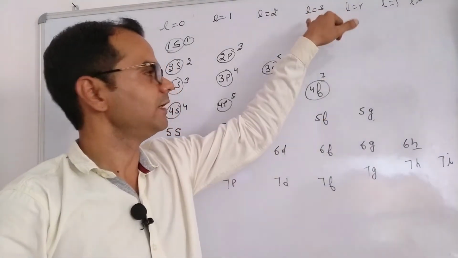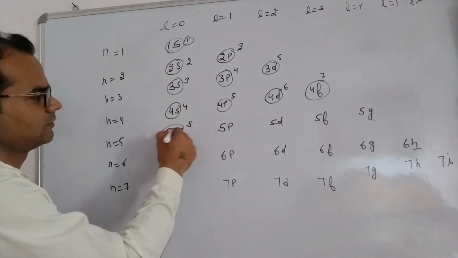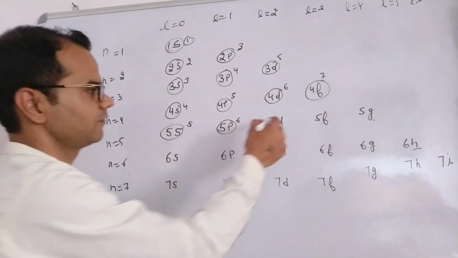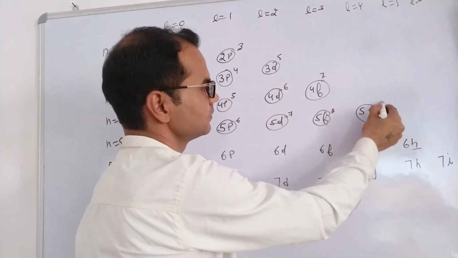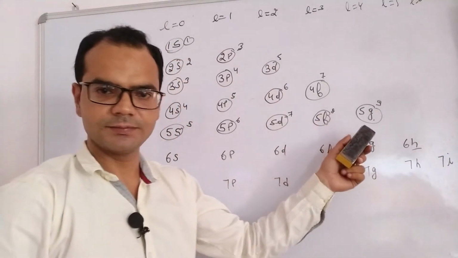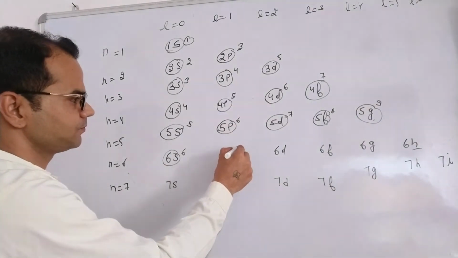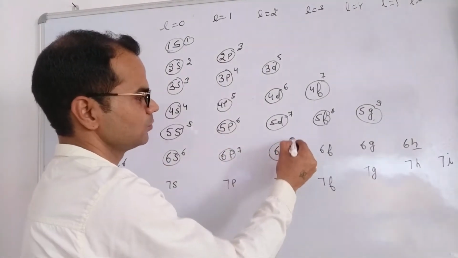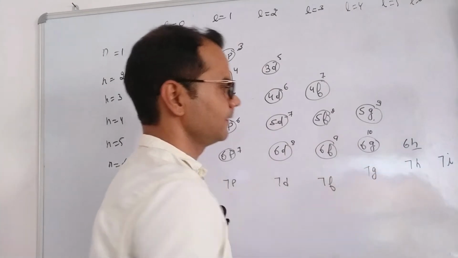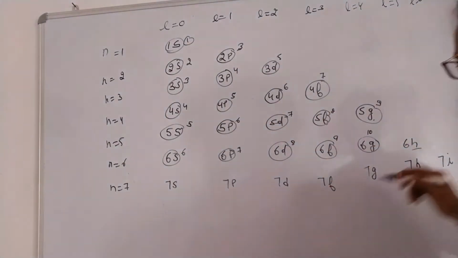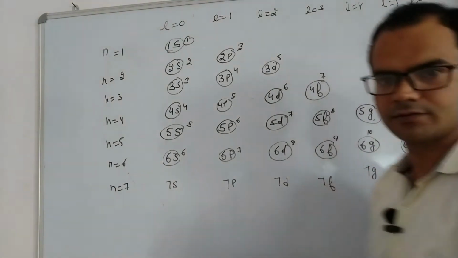For F, the value of L is 3. 5; 5 plus 1, 6; 5 plus 2, 7; 5 plus 3, 8; and 5 plus 4, 9. Easy. Here 6; 6 plus 1, 7; 6 plus 2, 8; 6 plus 3, 9; 6 plus 4, 10; and 6 plus 5, 11.